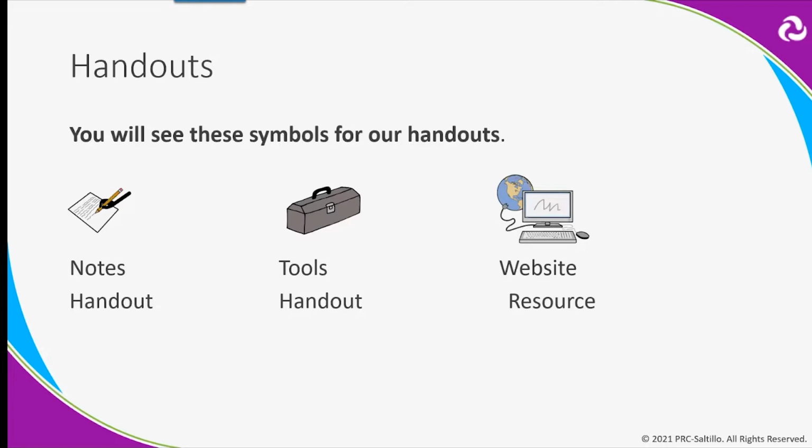There's also what we call a tools handout. In there are going to be copies of checklists or documents that you can use and later refer to, make copies of, share with your friends. Please use them as you see fit. And anything that is on a website that you could go and find, some type of online resource, we'll have a link provided in your handouts and in the PowerPoint here, and that'll be denoted with that little computer screen.